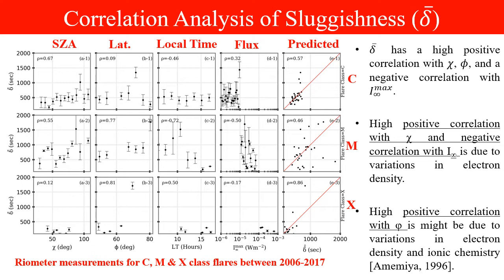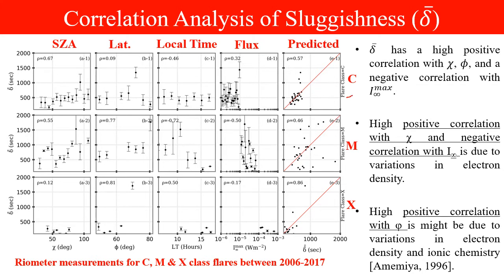We did a comprehensive correlation analysis of sluggishness from the riometer measurements for C, M, and X class flares between 2006 and 2017, and we divided the analysis based on C, M, and X class flares.